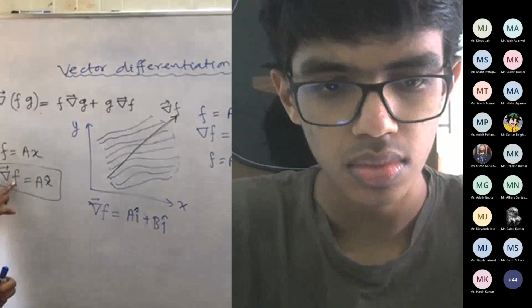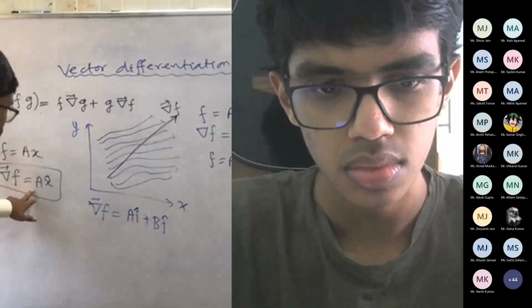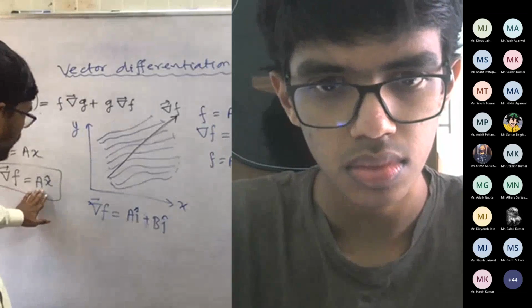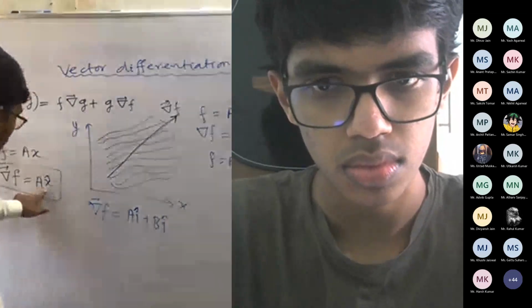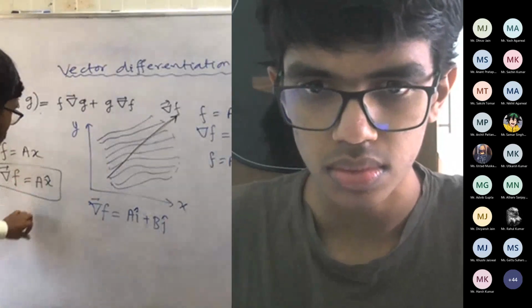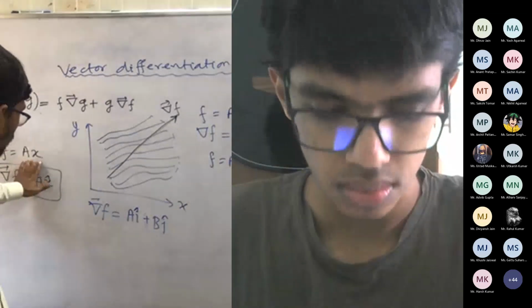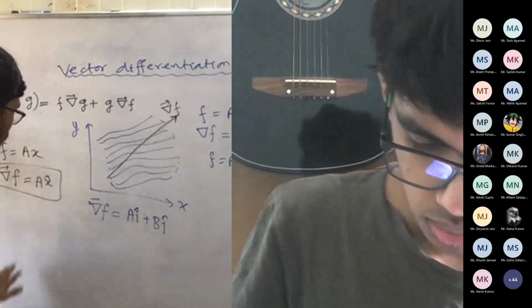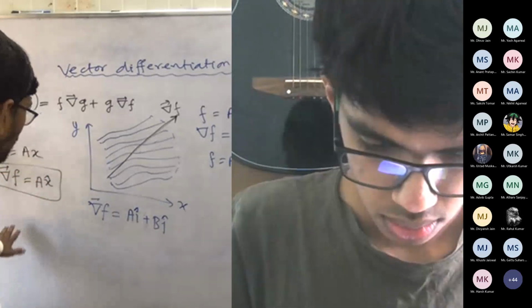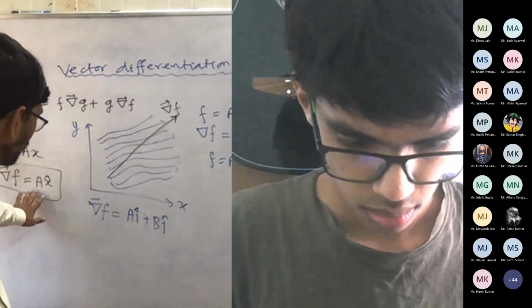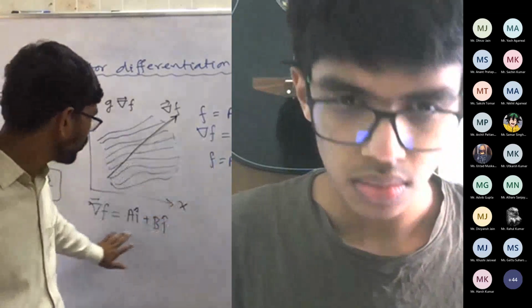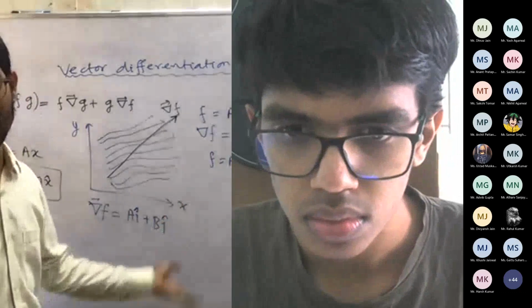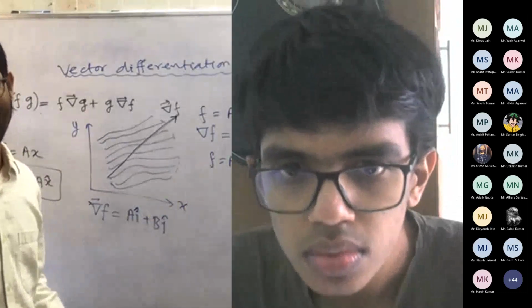So grad f is telling how rapidly this function is changing, because a will tell this magnitude, and its direction is pointing along the x-axis. If you include 2 dimensions, then you can again easily visualize. If you have 3 dimensions, you just visualize by yourself.